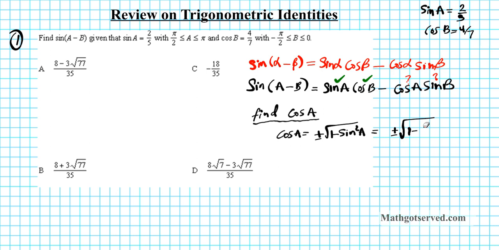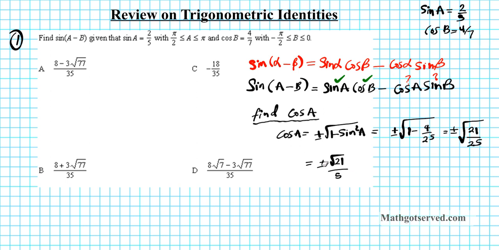So when I square that, it's 4 over 25. If I find the LCD of these two, I'll have 25 over 25 minus 4. So we'll have plus or minus the square root of 21 over 25, because 25 minus 4 is 21. And then we can simplify that further into plus or minus root 21 in the numerator over 5.